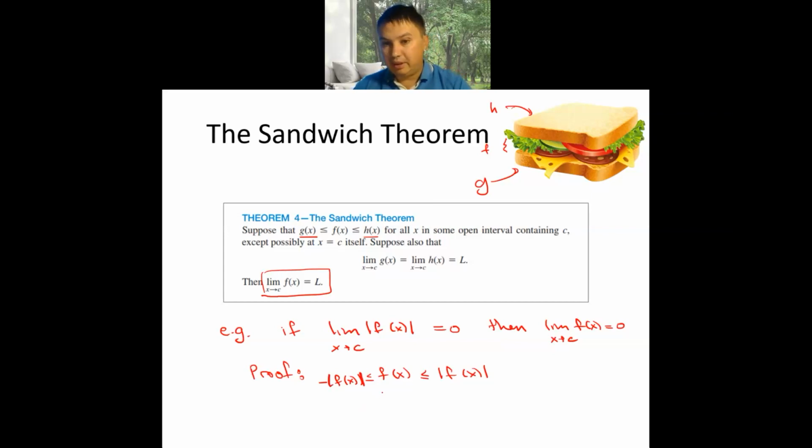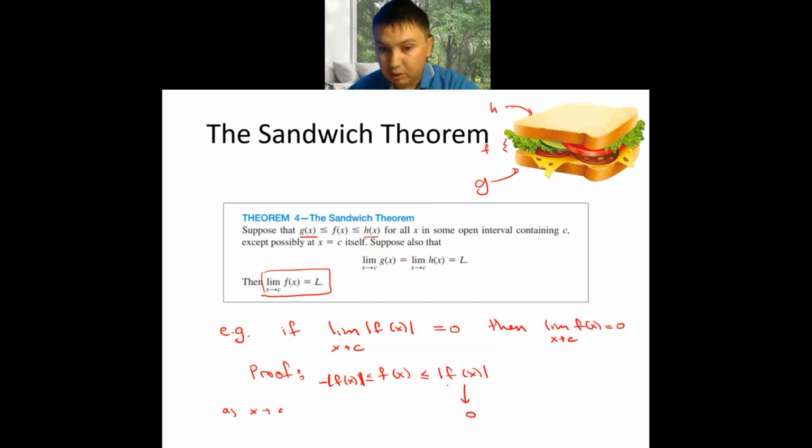So any function lies between the negative of its absolute value and the absolute value of f of x. Now as x goes to c, what happens to the modulus? By the given, we know it goes to 0.